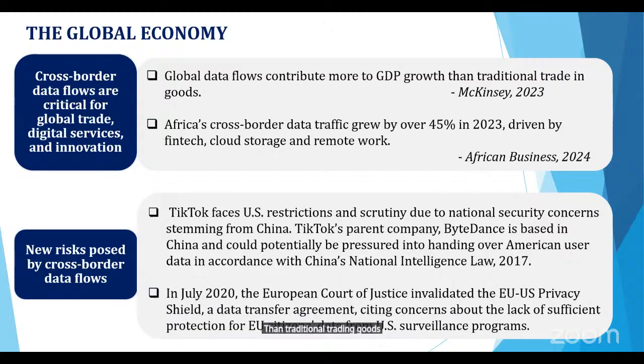On the African continent, cross-border data traffic grew by over 45% in 2023, driven by fintech, cloud storage, and remote work. With the proliferation of cross-border data flows, new risks will be posed the more this phenomenon continues to grow and evolve.